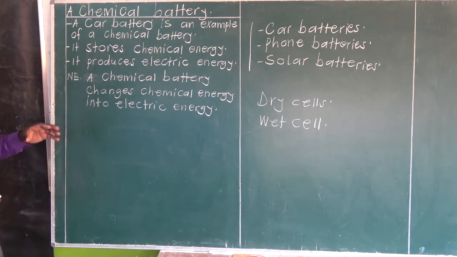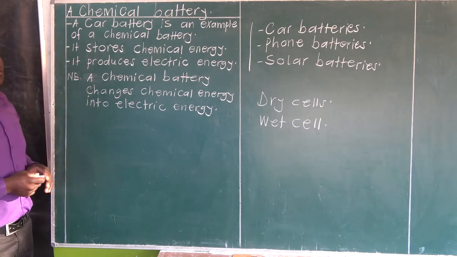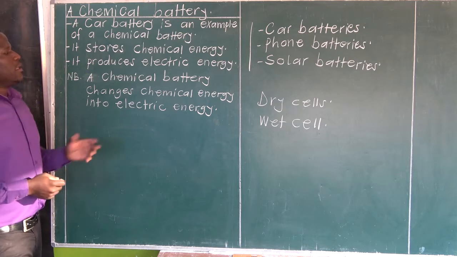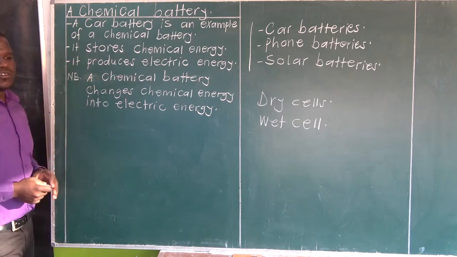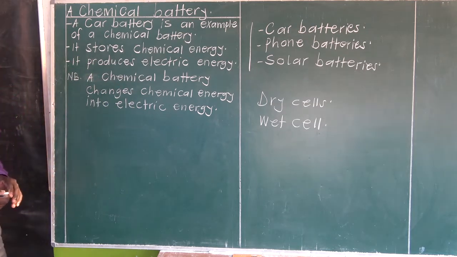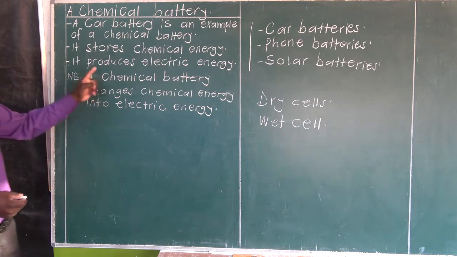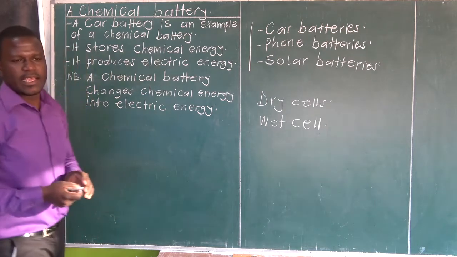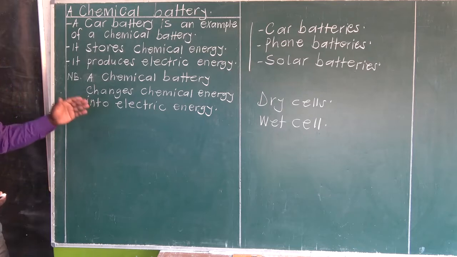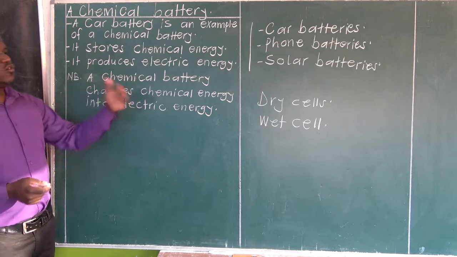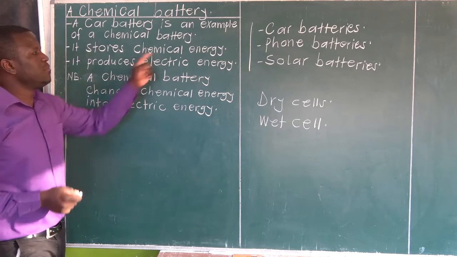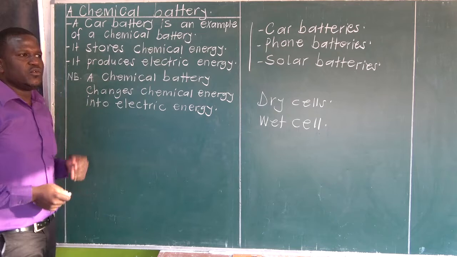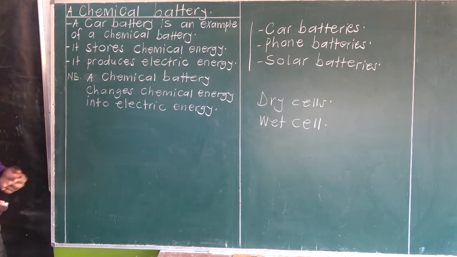So once you connect them to a chemical battery or a car battery, it will start producing electric energy. That's what we are saying, a car battery produces electric energy. In other words, the moment you put it to use, it will convert chemical energy into electric energy.